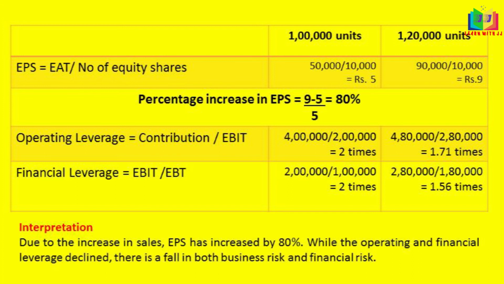If the units are 1 lakh, the operating leverage is 2 times and financial leverage is also 2 times, and when the units increase by 20,000 to 1,20,000, the operating leverage decreases to 1.71 times, and financial leverage decreases from 2 to 1.56 times. There is a fall in both business risk and financial risk if the sales increase.